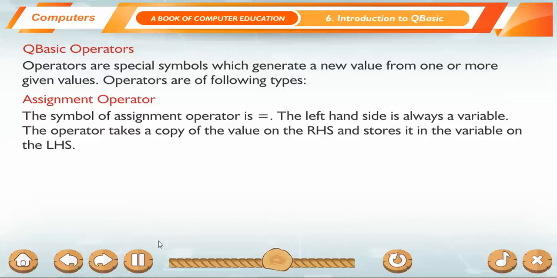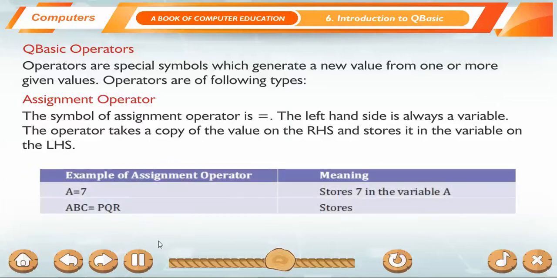The operator takes a copy of the value on the RHS and stores it in the variable on the LHS. Example of assignment operator: a = 7 means store 7 in the variable a. ABC = PQR.